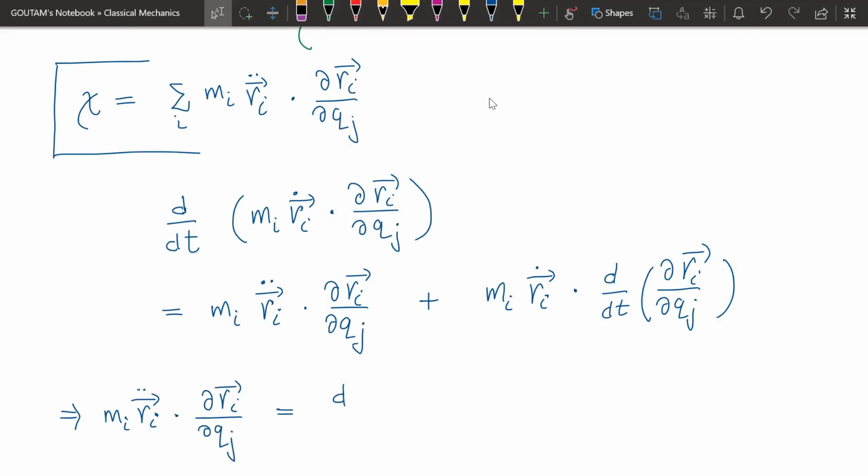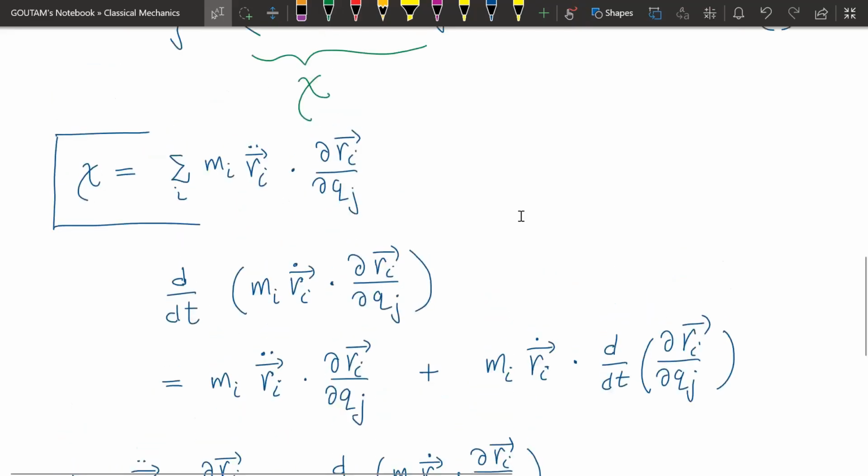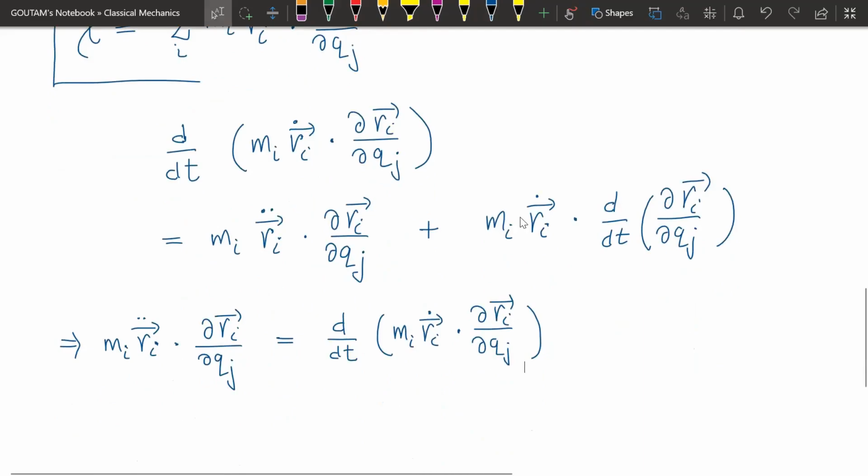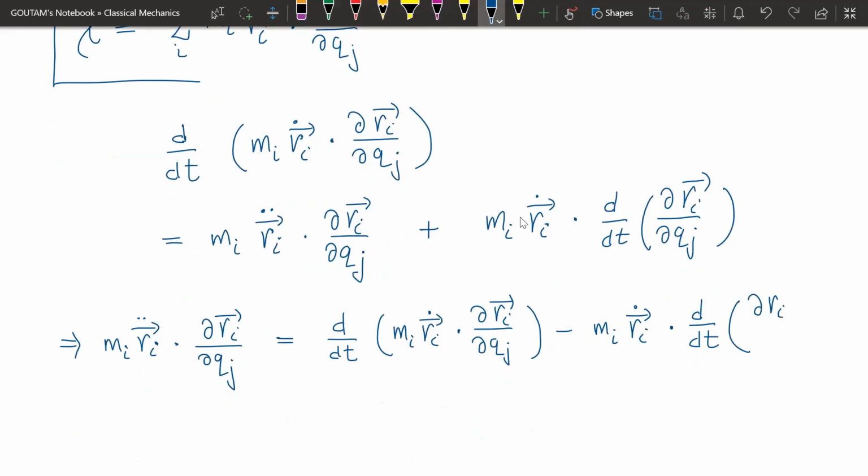equal to d/dt of mi ri dot del ri del Qj, minus mi ri dot, dot product d/dt of del ri del Qj.